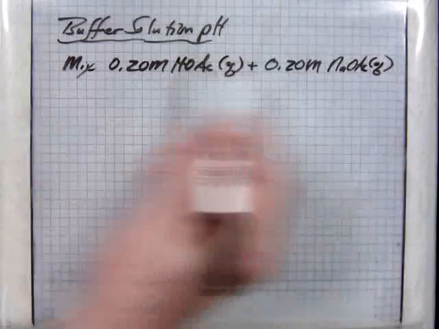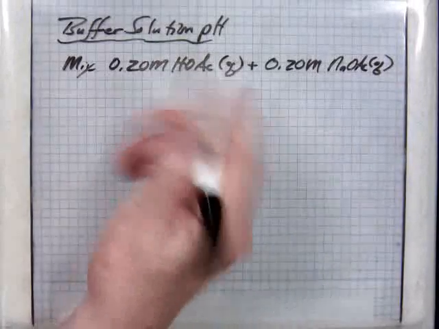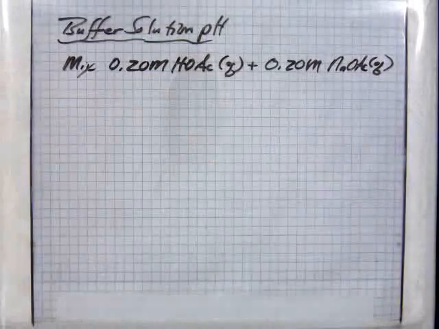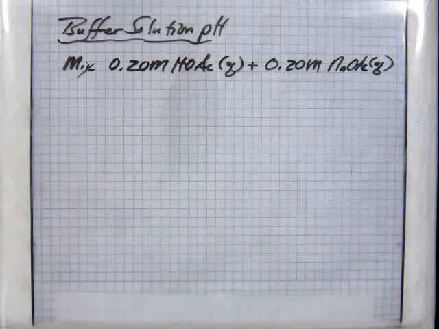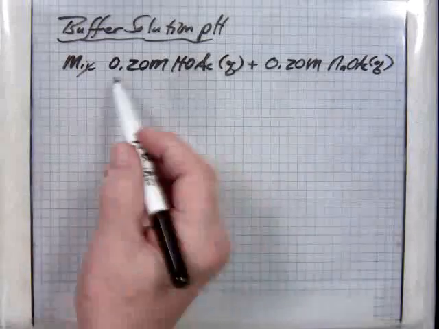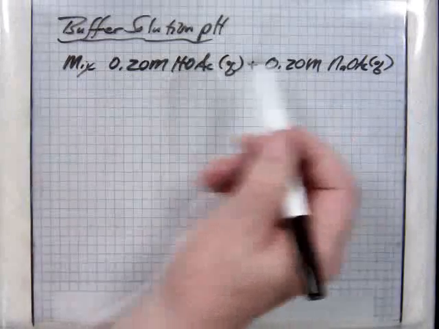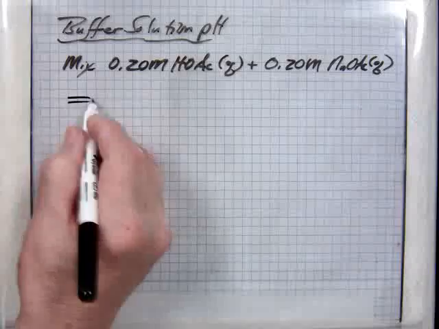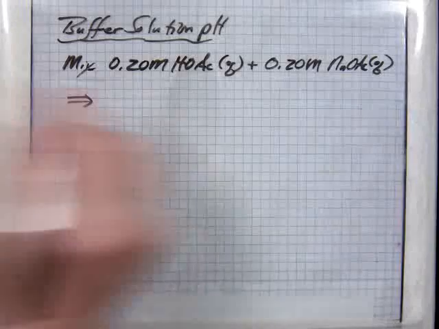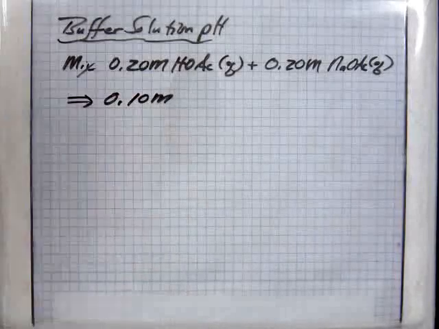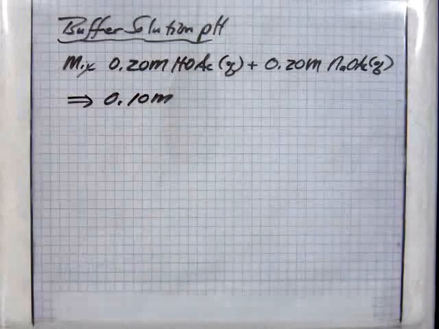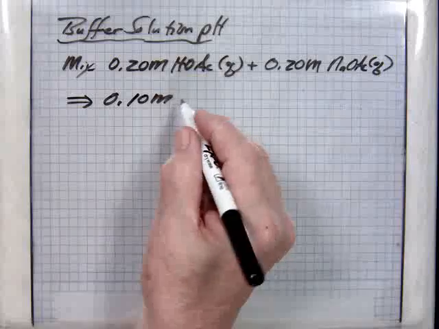Now this is 0.2 per liter, 0.2 per liter, so you pour them together, you get a couple of liters. But when you mix these two 50-50, they're the same concentrations, what do you get? Well, you cut them in half. So this is going to give you a 0.10 molar, as you double the volume.